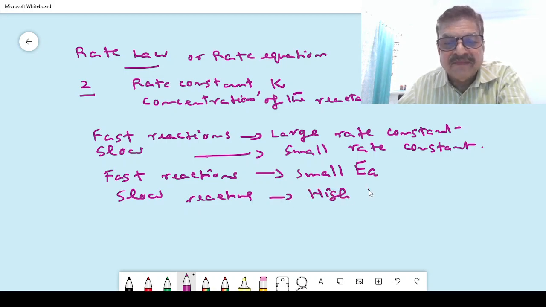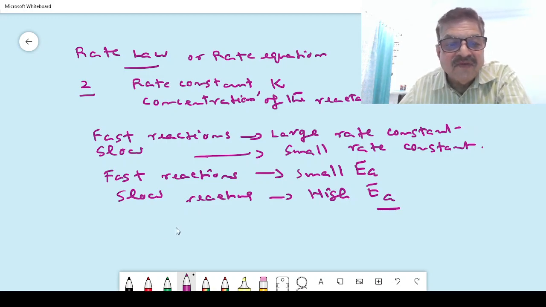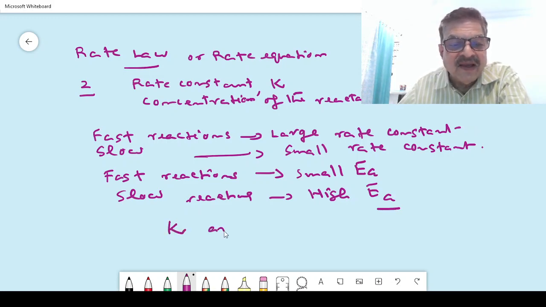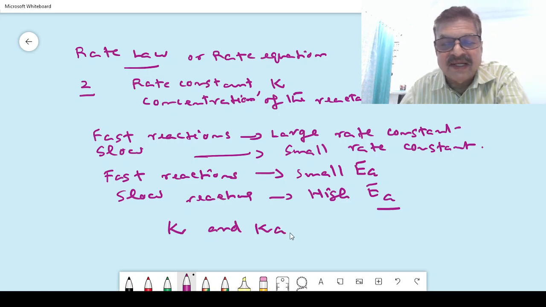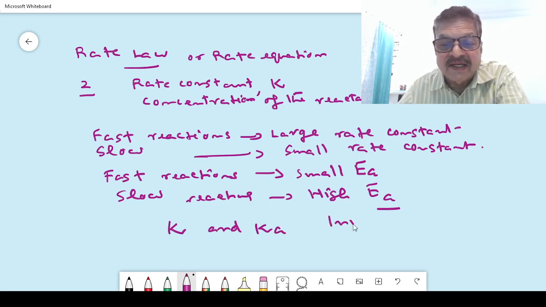Correct. Now you compare how it will be. It will be interesting. Now we can say how this rate constant and activation energy are interrelated. There is an inverse relationship here.